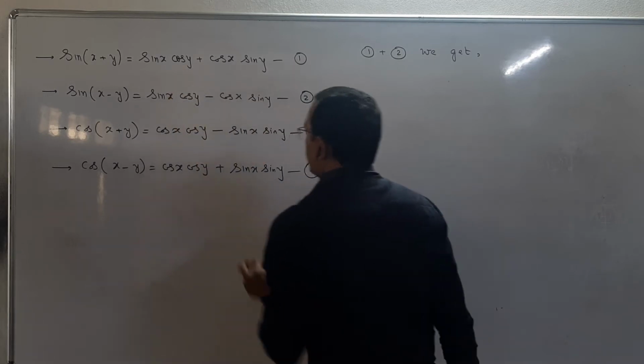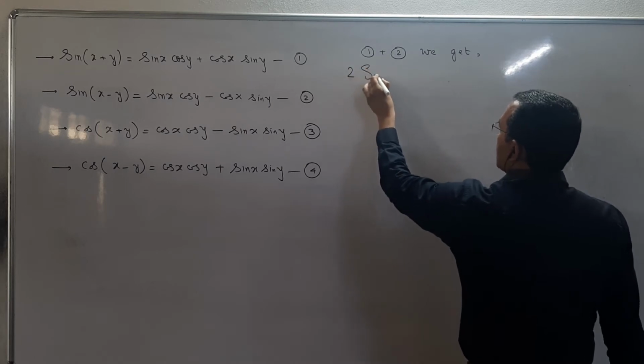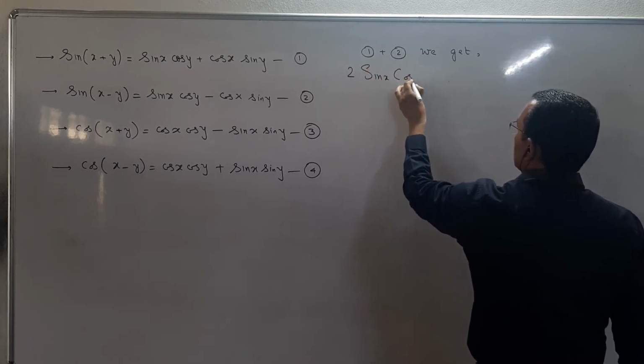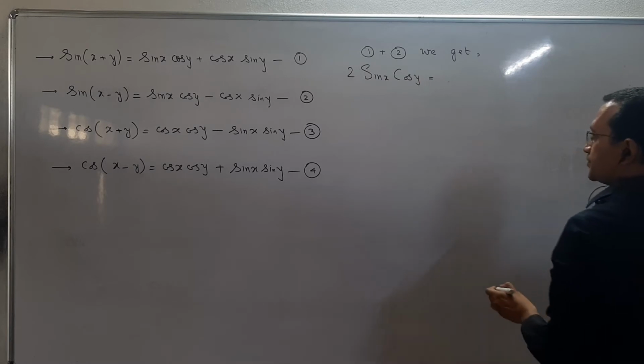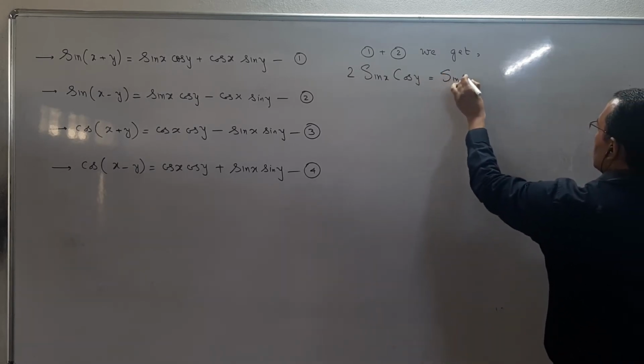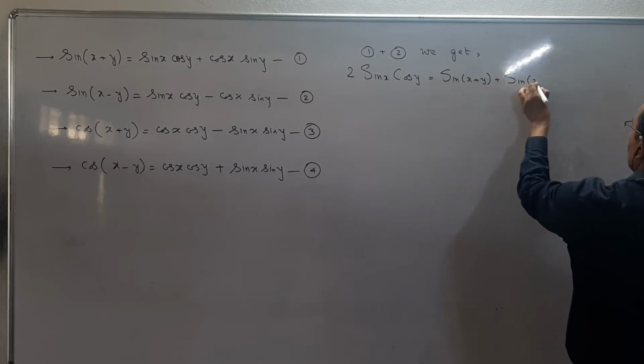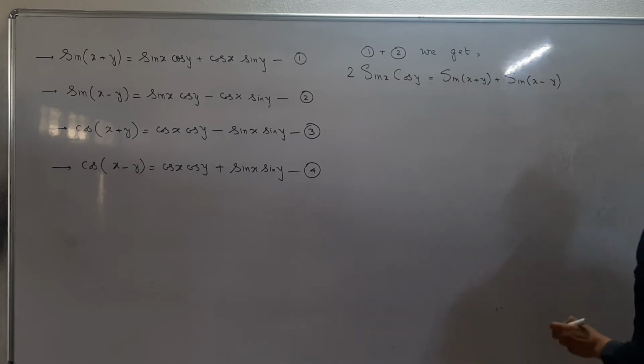Sin x cos y plus sin x cos y will be twice sin x cos y, and your left hand side will be added as sin of x plus y plus sin of x minus y.